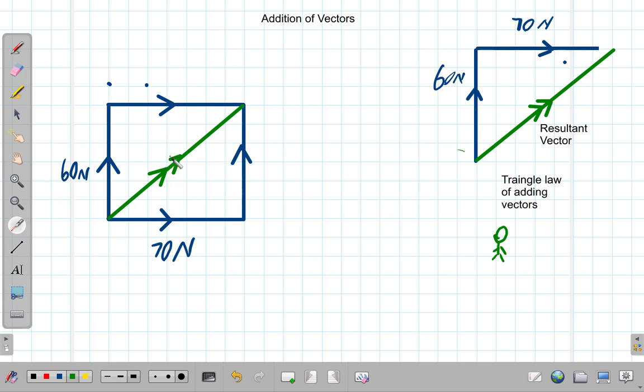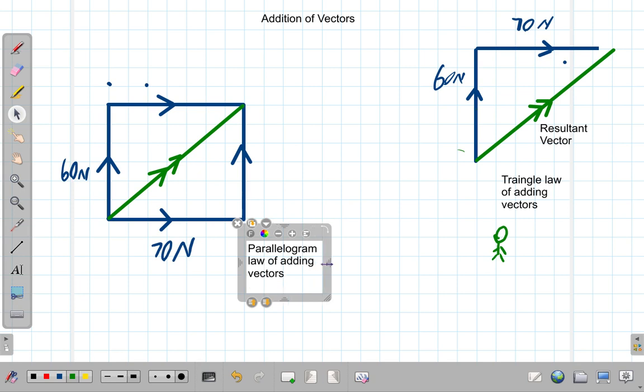And the shape that you have here is not a triangle anymore. It's really a parallelogram. And then the resultant is one of the diagonals of that parallelogram. Alright? So this one now is the parallelogram law of adding vectors.